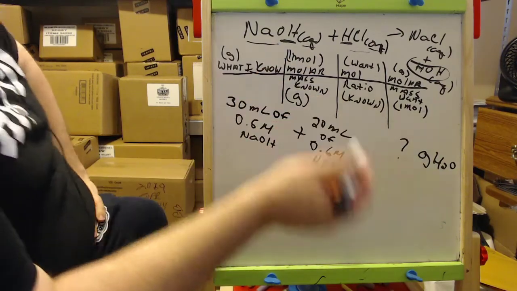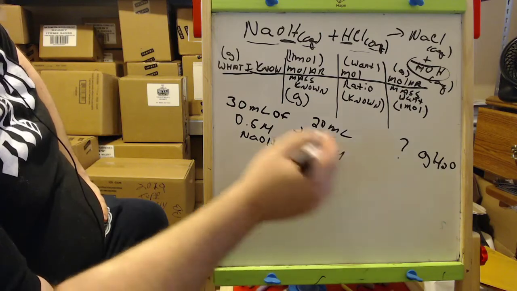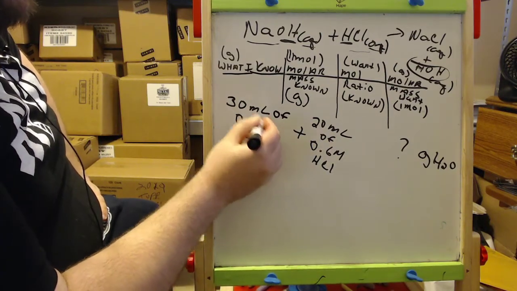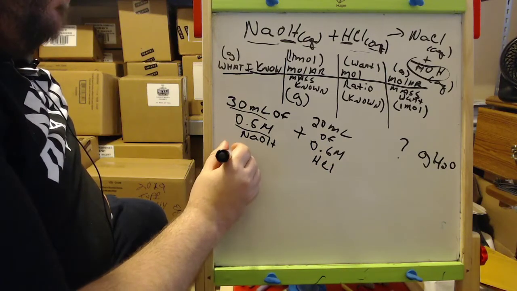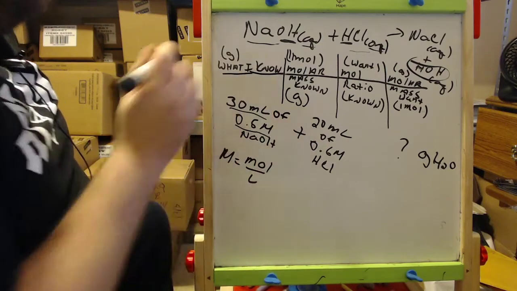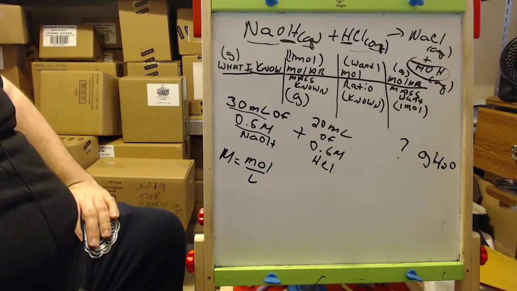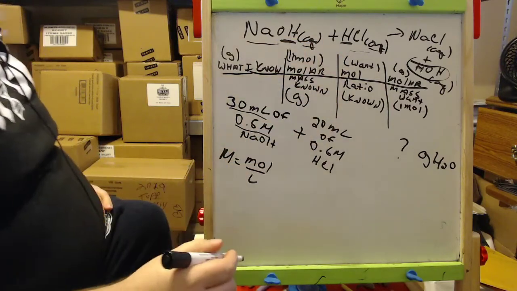So I don't have grams, but I need to figure out what my limiting reagent is. What I do have is a molarity, and I have a volume. And if we remember our molarity formula, molarity equals moles per liter, I should be able to figure out the moles of each reactant and be able to start right here on our table.